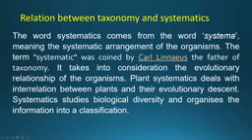The term systematics was coined by Carolus Linnaeus, the father of taxonomy. It takes into consideration the evolutionary relationship of the organisms. Plant systematics deals with the interrelation between plants and their evolutionary descent.